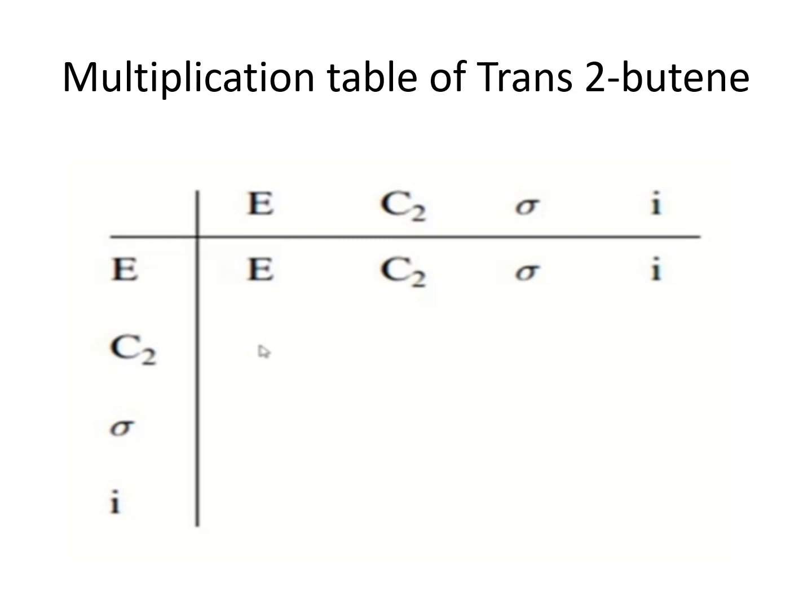Now we multiply sigma with all the symmetry operations of the molecule. If we multiply sigma with E, then the result would be sigma. If we apply sigma on C2 on the molecule, first applying sigma and then C2, then only the position of the hydrogen atom changes, and this would be equal to the inversion center.